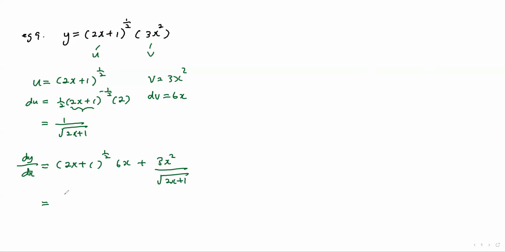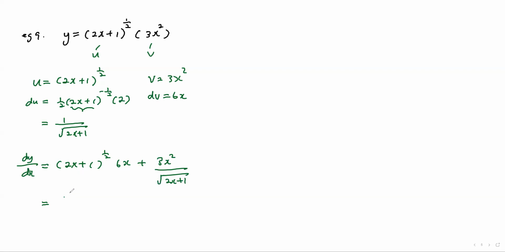Okay, so if I want to simplify this, I can actually multiply the top and bottom with something, right? Okay, so in this case, I would change it to the same denominator, right? So this is (2x plus 1) to the power of half. So I can multiply it by the square root of 2x plus 1.